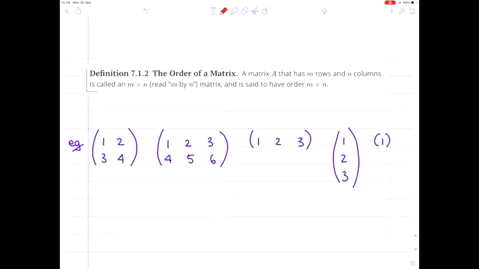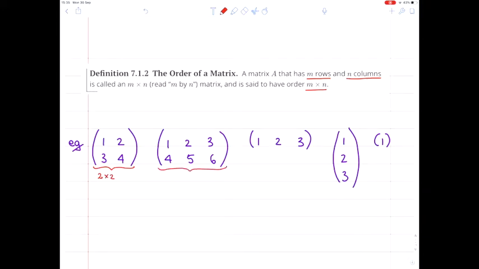So the order of a matrix really tells you how many elements it has, but it gives more information because if a matrix has m rows, so we always give the number of rows first and then the number of columns, then the matrix has order m times n. For example, our first matrix over here has 2 rows and 2 columns, so this is a 2 by 2 matrix.